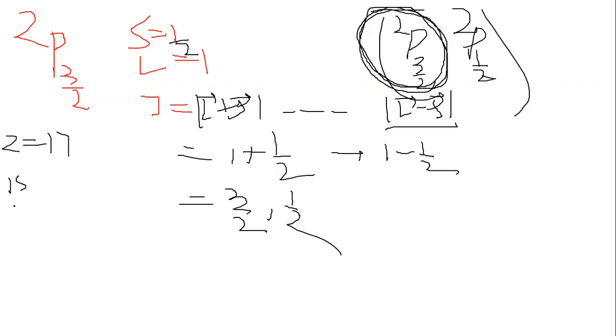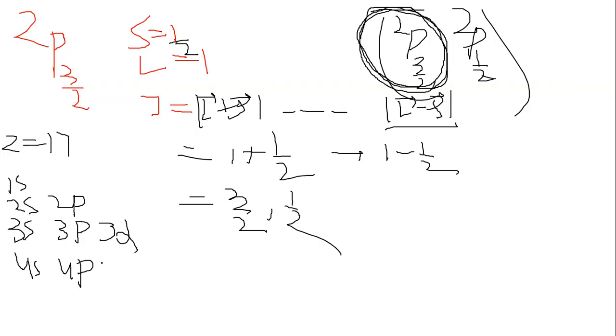We know from Aufbau principle the order is 1s, 2s, 2p, 3s, 3p, 3d, 4s, 4p, 4d, 4f, like that. And we arrange electrons in increasing order of their energy, like first we will enter electrons into 1s, then 2s, then 2p, then 3s, like that.